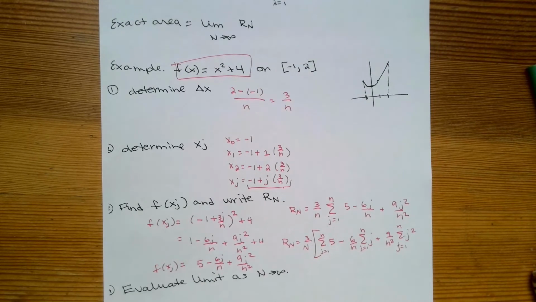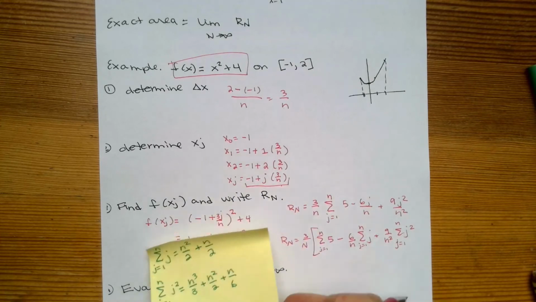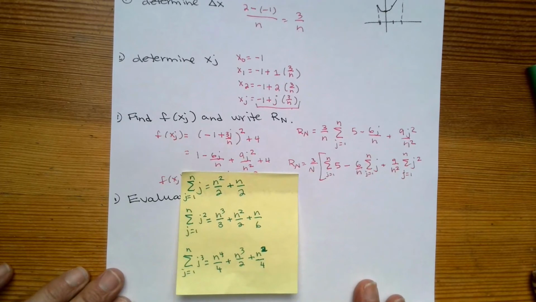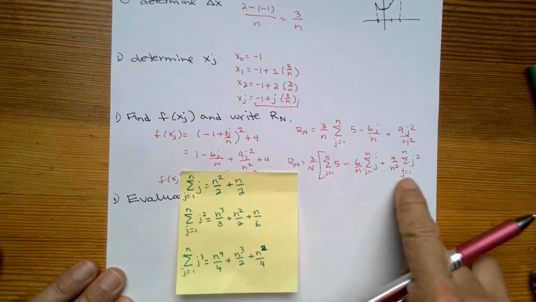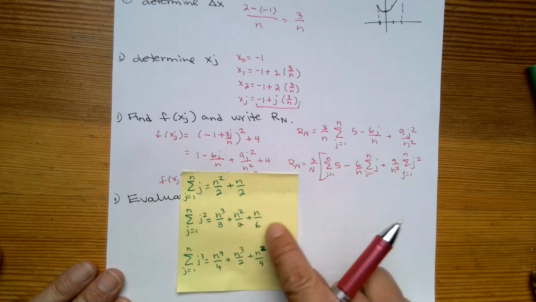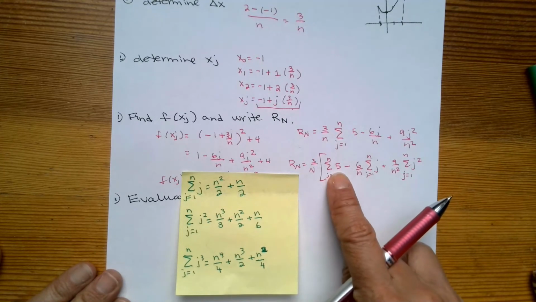All right, and we have formulas that I wrote down on a little sticky note for those summations. So we can do these summations using our formula. If you add up a constant n times, that's just 5 times n.